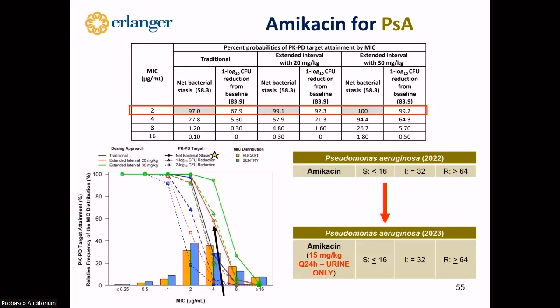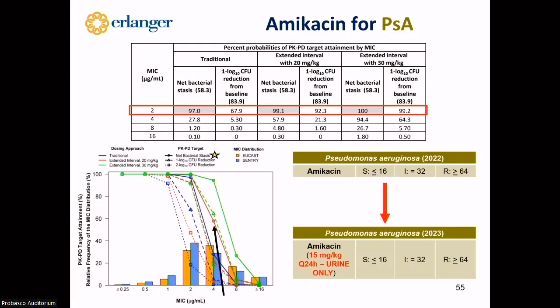It's confusing as to why the Enterobacterales breakpoints were updated and Pseudomonas ones weren't. And the only explanation I could really come up with is because the FDA breakpoints are the same as this. So maybe they were more concerned about Pseudomonas panels being affected than Enterobacterales panels.